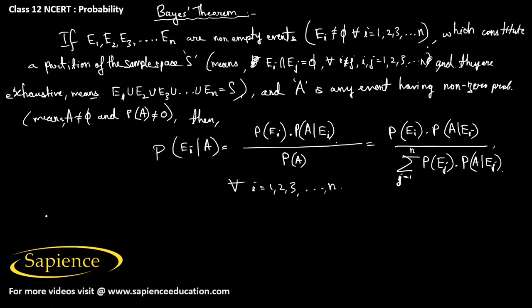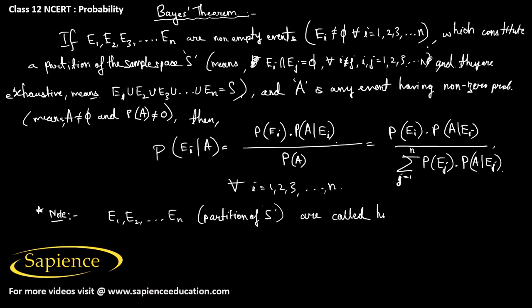Here, one thing you should note is that these events, E1, E2, E3 till En, which are the partition of the sample space, are called the hypotheses.